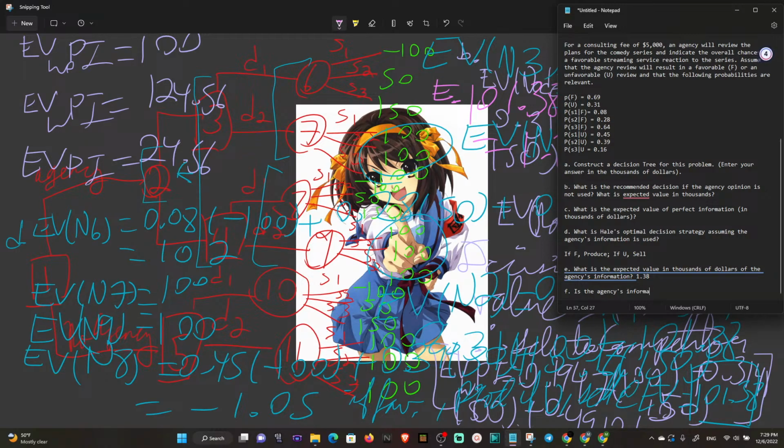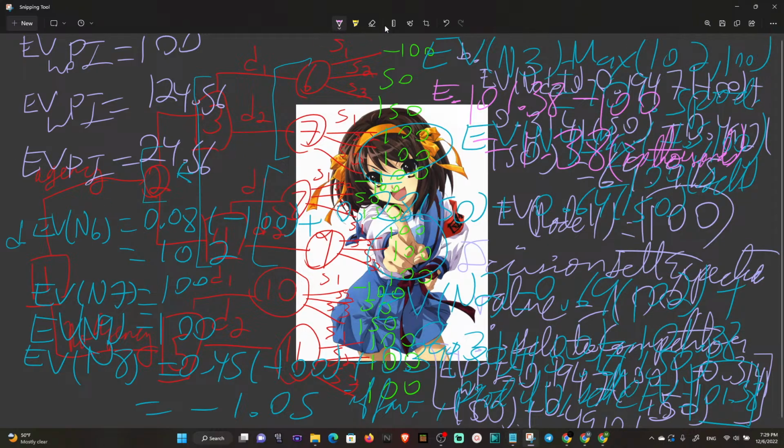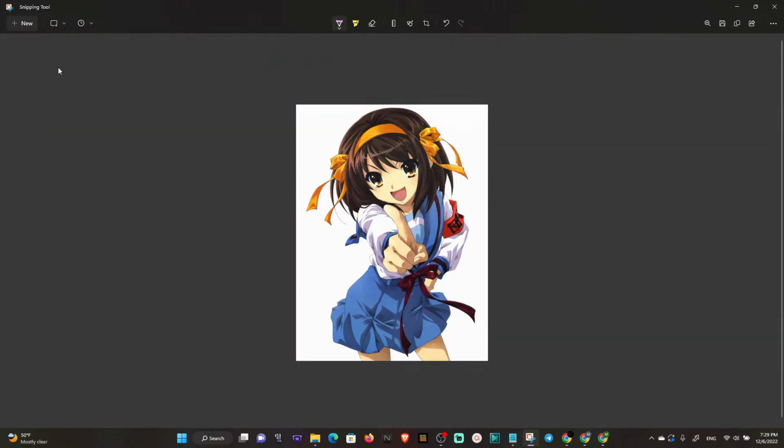Then for F, wait, what does the EVSI stand for again? Is the information worth the $5,000 fee? Well, for F, it's going to be no. Now we can see it properly.